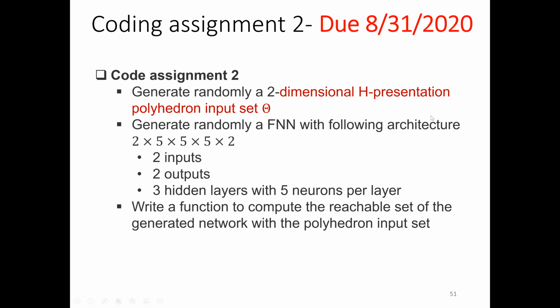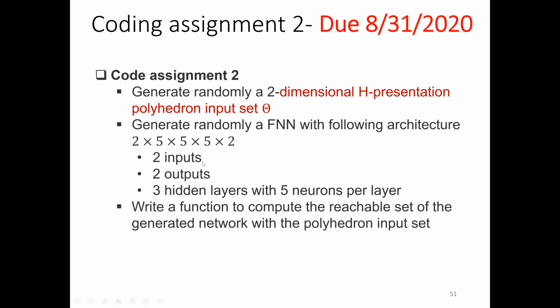So another coding assignment is I want you to randomly generate a two-dimensional H-represented polygon, and then randomly generate a feedforward neural network with the following architecture: 2 times 5 times 5 times 5.